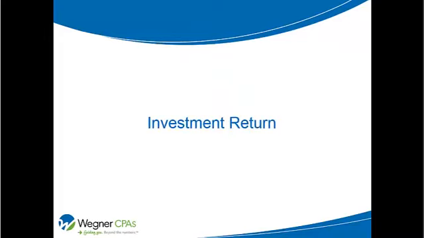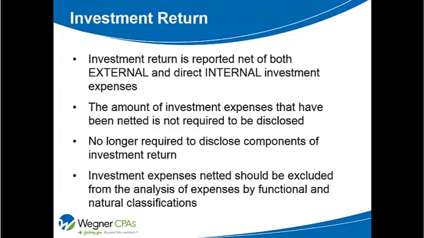And then the last major change related to ASU 2016-14 relates to investment return. The new piece of investment return is that you can now net your external and direct internal investment expenses against that investment return.